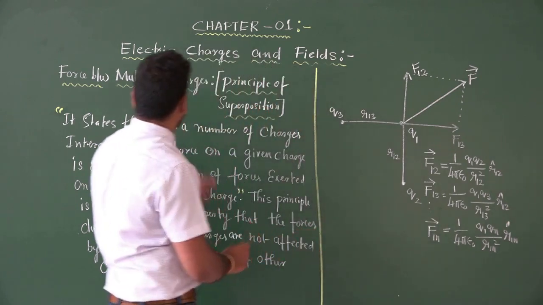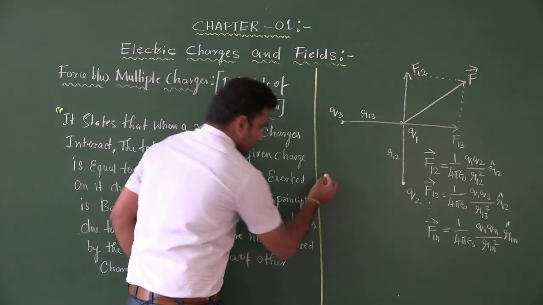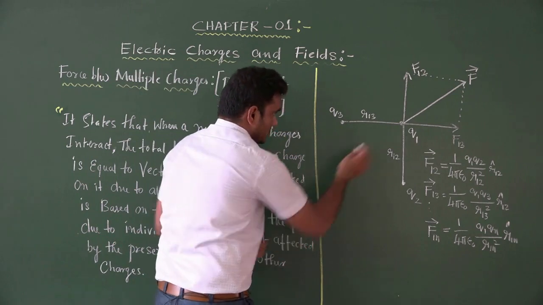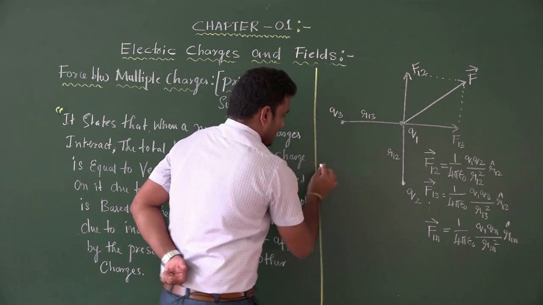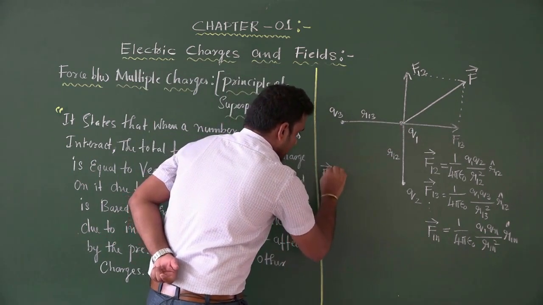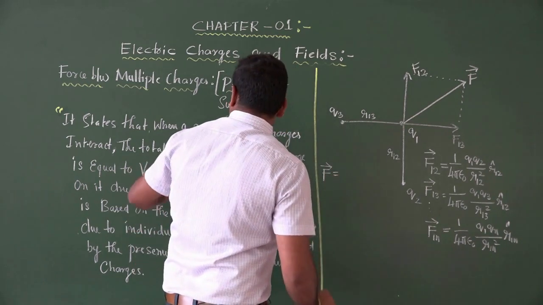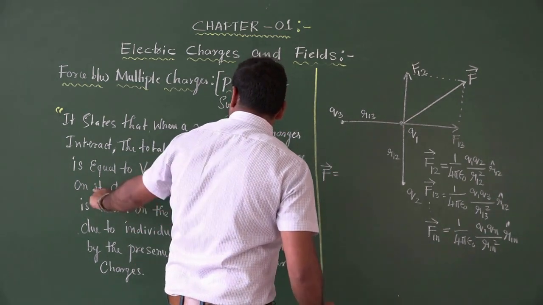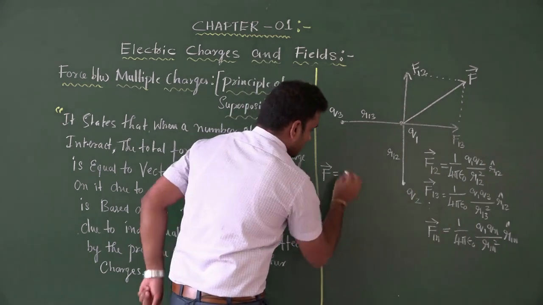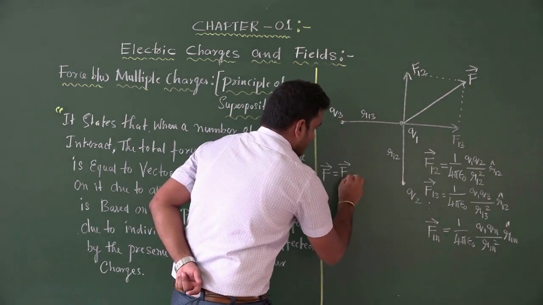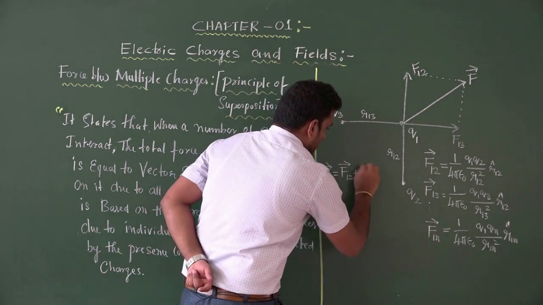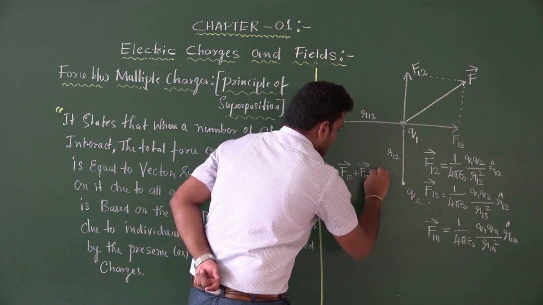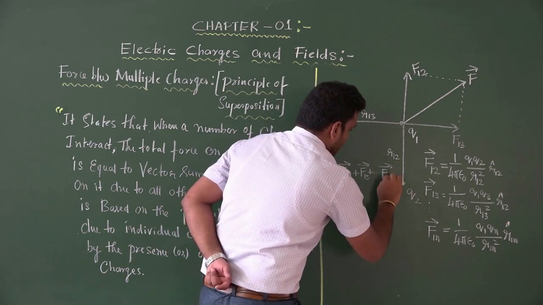Now, according to the principle of superposition, the resultant force, the total force on a given charge, that is F vector, is the vector sum of forces exerted on it due to all other charges. So F12 plus F13 plus dot dot dot F1n.